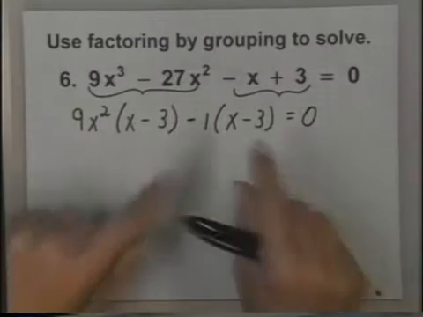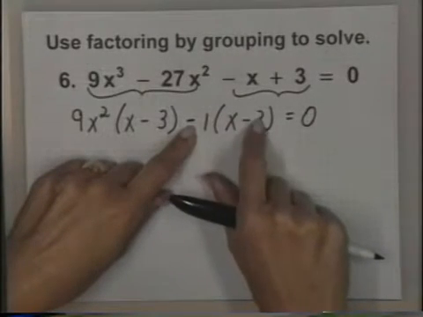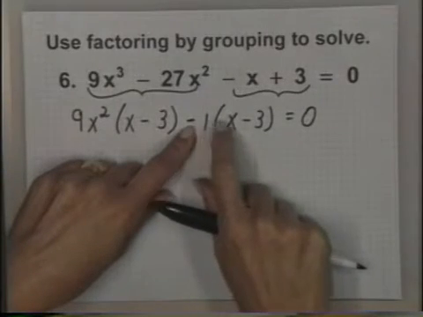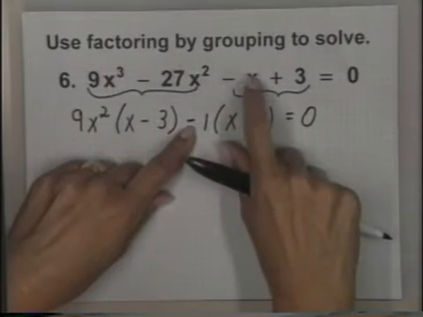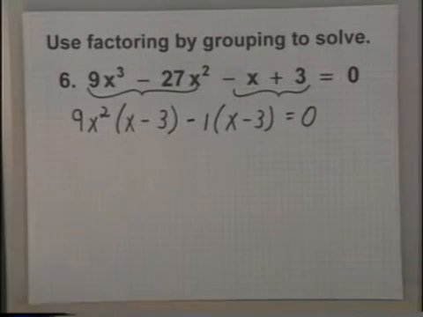And check it, my students seem to have a lot of trouble with these signs. We should be able to multiply back through and get these 2 terms. Negative 1 times x gives us negative x, and negative 1 times negative 3 gives us positive 3.